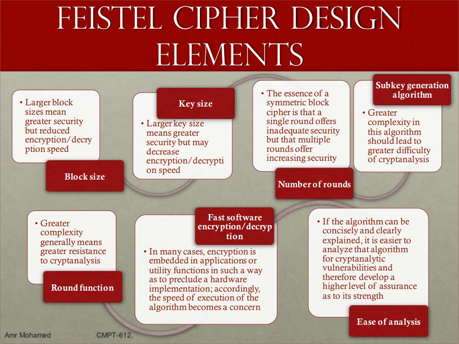Again, by controlling the complexity of this round function, or controlling the sub-key generation algorithm, sub-key generation can be simply based on some circular shift. For example, you can generate multiple keys just by making some circular shift. Very simple operation. Is that complex enough? Maybe not. So all of these factors affect it.